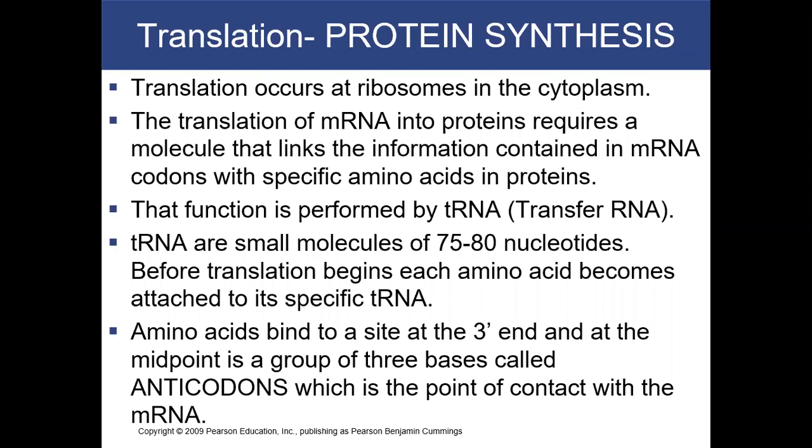There is also a midpoint, and the midpoint contains three bases, which we call the anticodon. The anticodon is the part that comes in contact with the mRNA. I'll show you in a few what I mean by this.